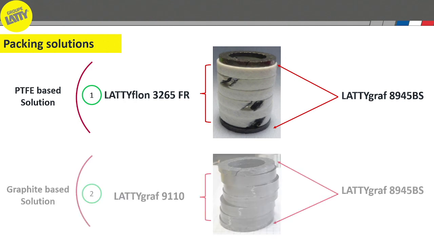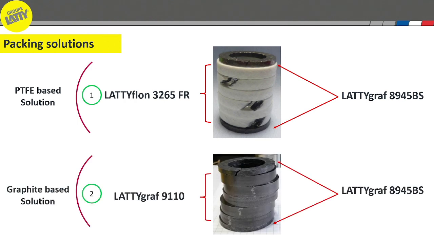The second solution is a graphite-based solution. This solution is a combination of the Latigraph 9110, and we kept the same solution for the end rings, which is the Latigraph 8944 BS.